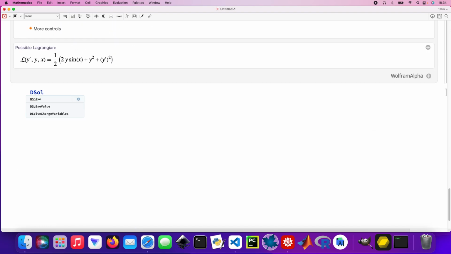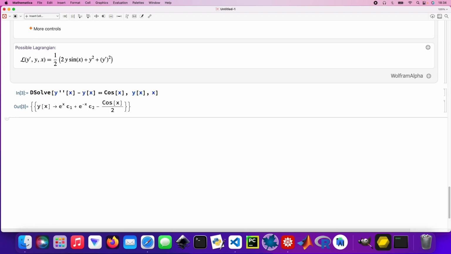So DSolve. Sorry, so minus y of x, and that's equal to cos x, and y of x as a function, and x is the independent variable.